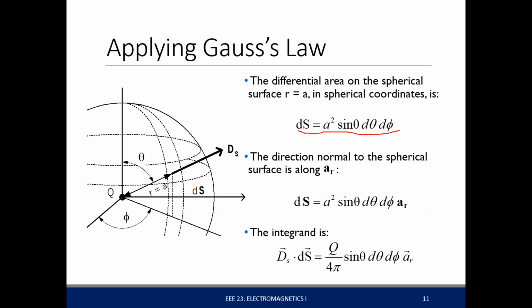Well, let's look at a very small patch in the surface. Recall that this is equal to an arc length. So this is an arc length, a differential arc length, equal to a sine theta. Where did that come from? Well, that is the radius of this arc right there, a sine theta.